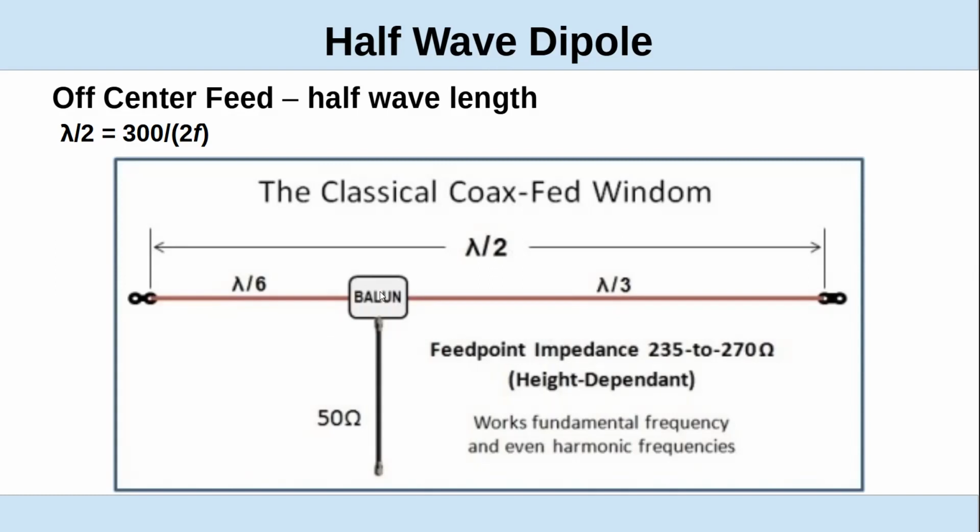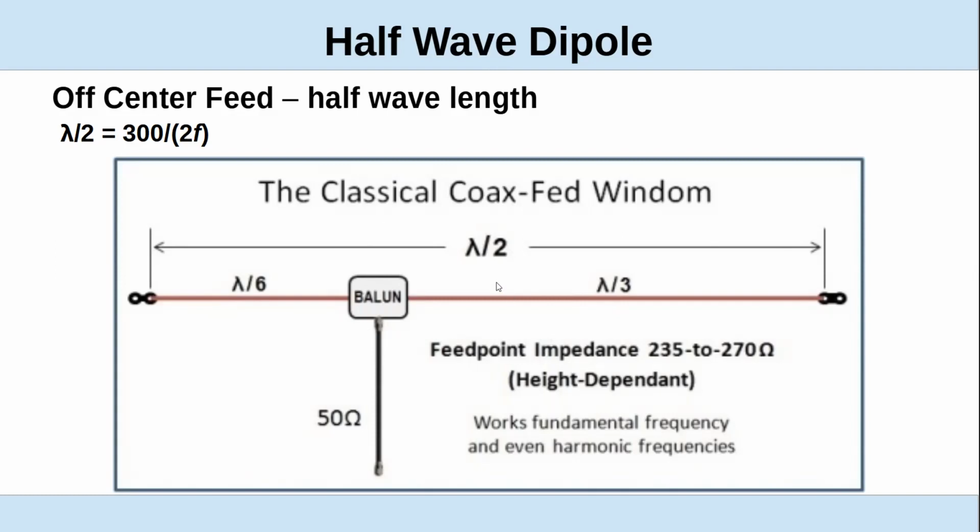And the third is the classic Windom. But it's still half wavelength long, and instead of in the center, you're feeding it at a point, from what I understand, in the 20 to 30% range. It varies depending on what impedance you want. Kind of directional.